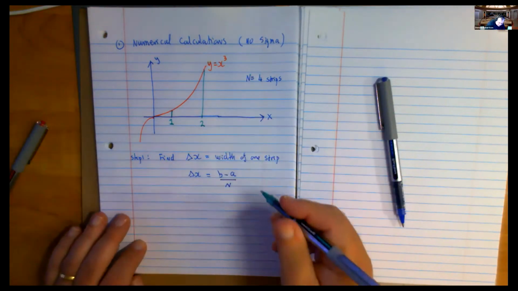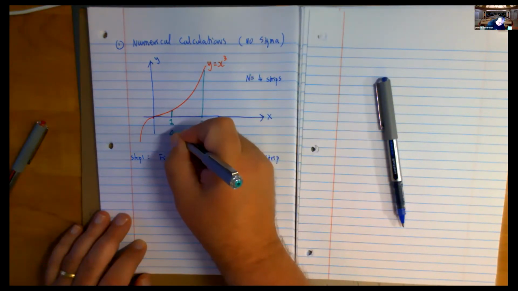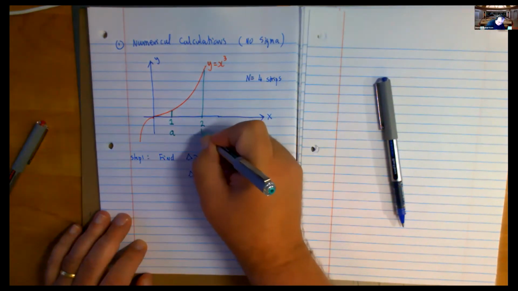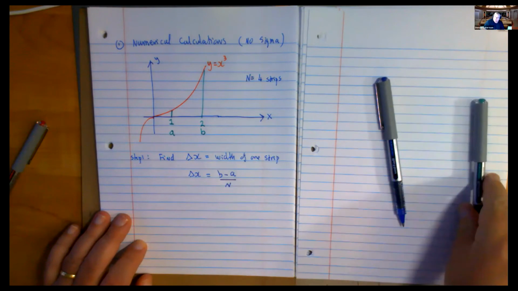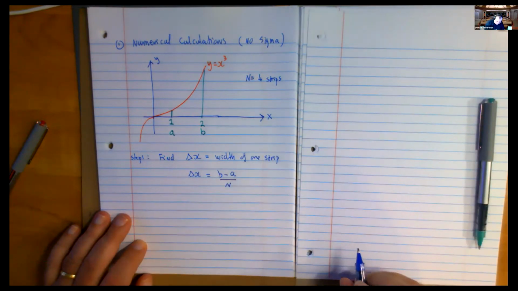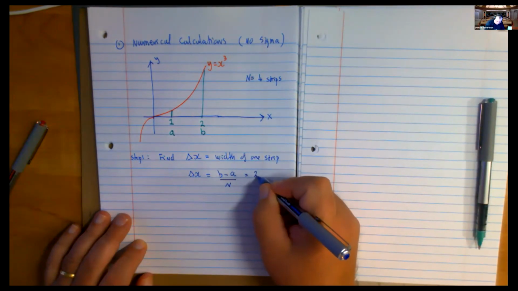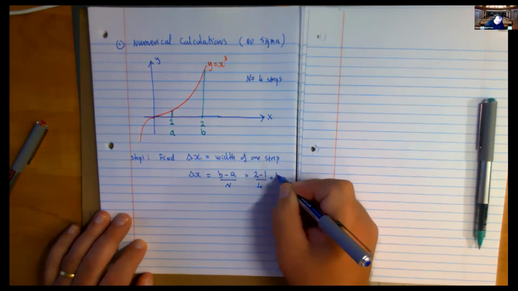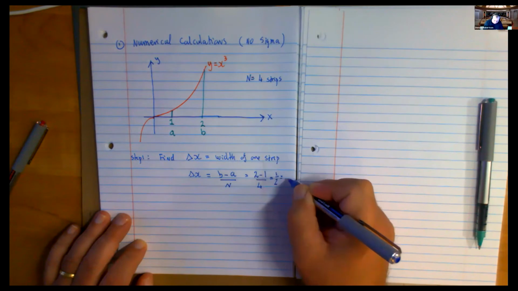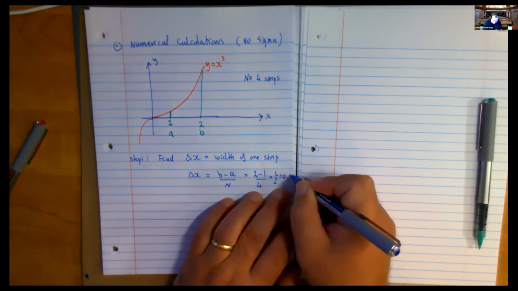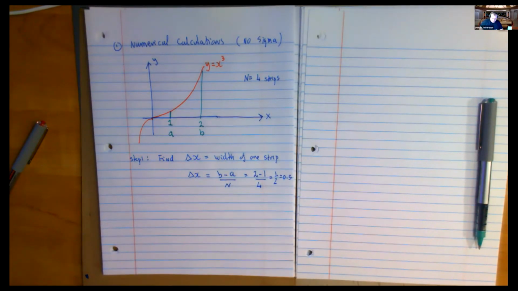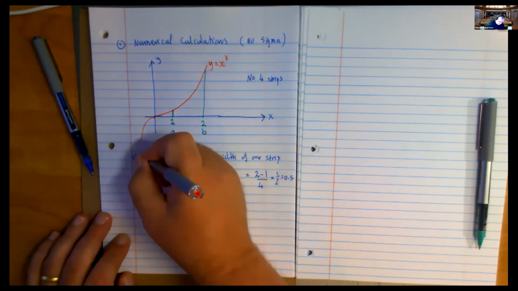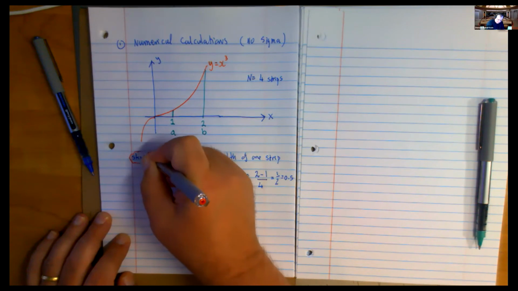So who's this a and the b? A is the value of x where you start, and b is obviously where you finish. So in this case, it's 2 take away 1 divided by 4, and that comes out to be a half, which is more convenient as a decimal. So that's step 1. You find that.